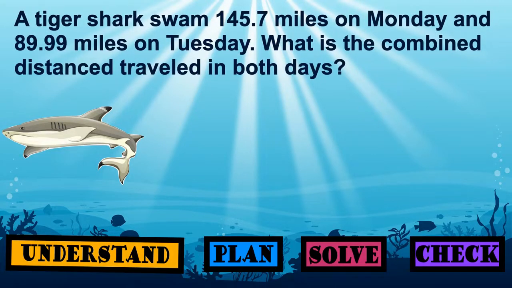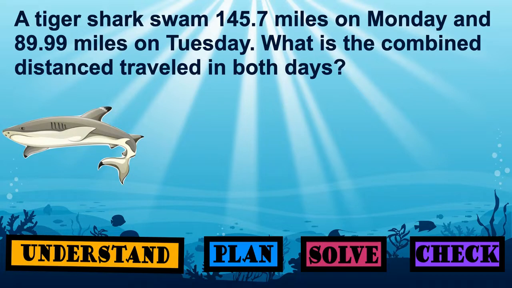A tiger shark swam 145 and 7/10 of a mile on Monday and 89 and 99 hundredths of a mile on Tuesday. What is the combined distance traveled in both days? Well, once we've read the problem, next we must underline the question. Where's the question?